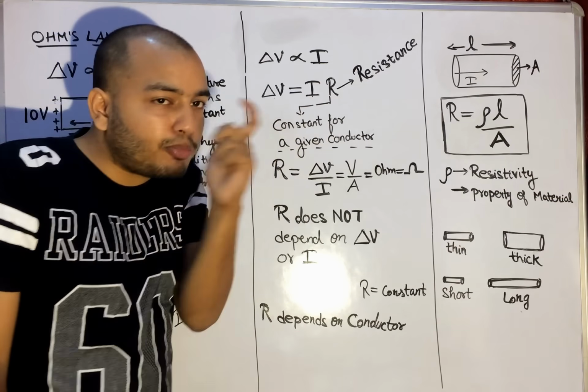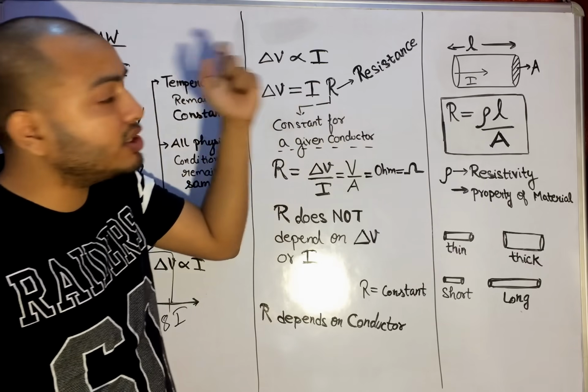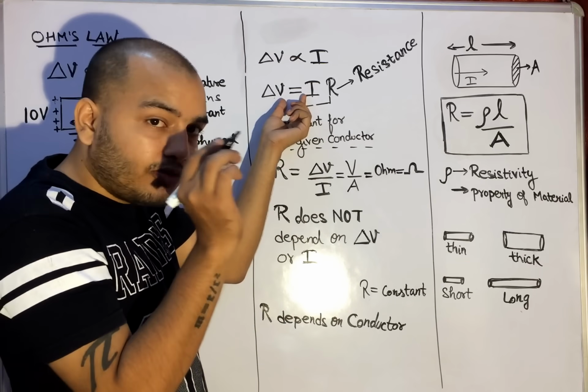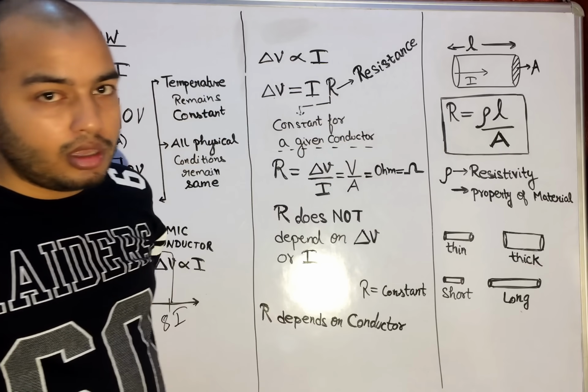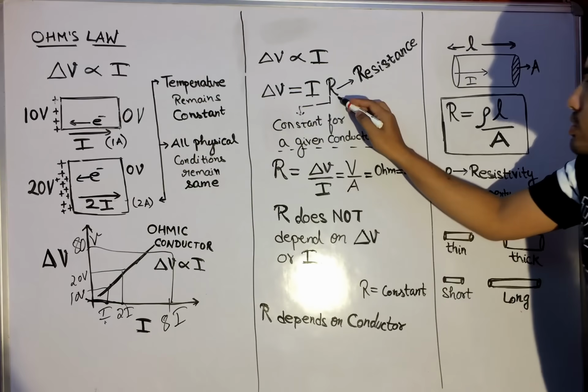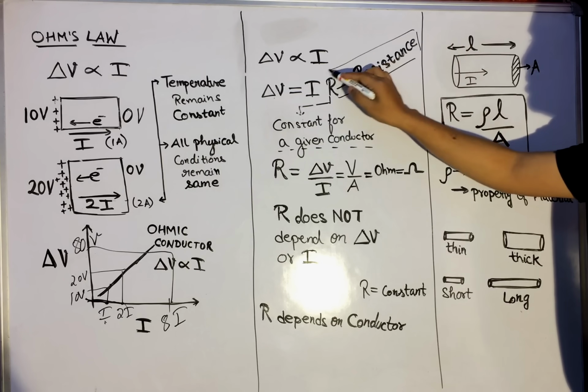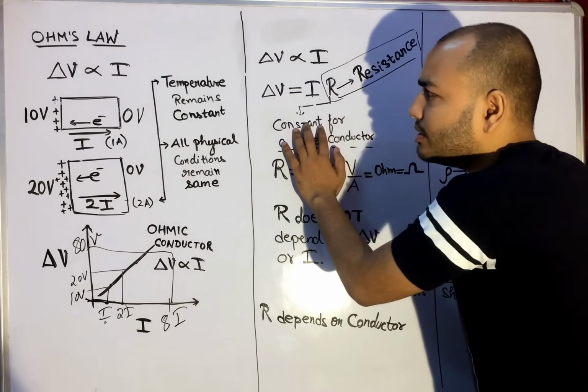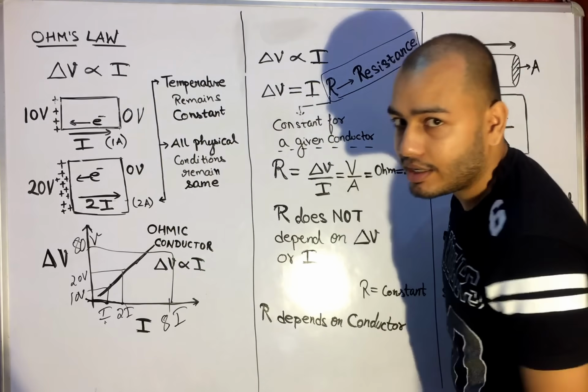Now I remove this proportionality sign and I will get a constant. When you remove proportionality and give a sign of equality, you get a constant. And this constant R is called resistance. This is constant. It won't change for the given conductor.